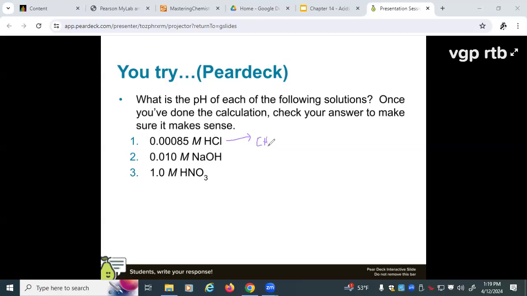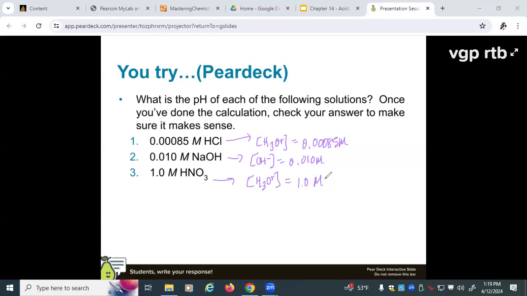So that tells us that the hydronium concentration in this case is 0.00085 molar. That tells us that the hydroxide concentration in this one is 0.010 molar. That tells us that the hydronium concentration in this one is 1.0 molar.